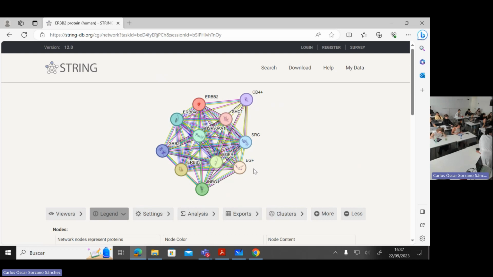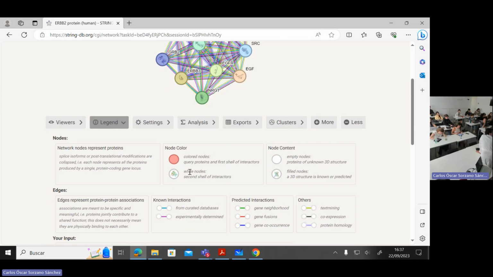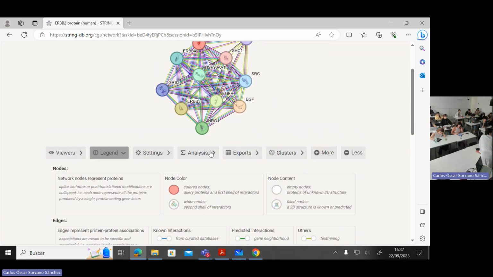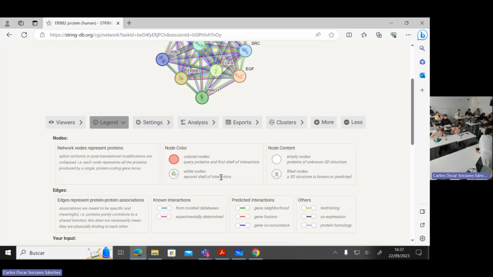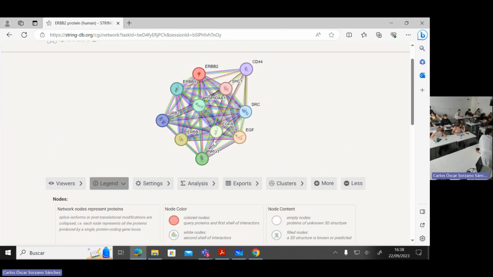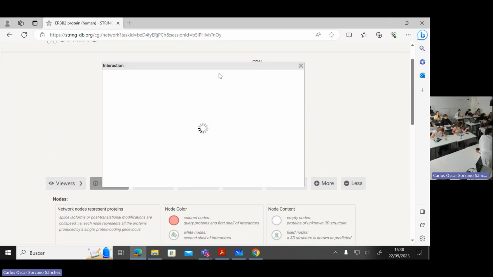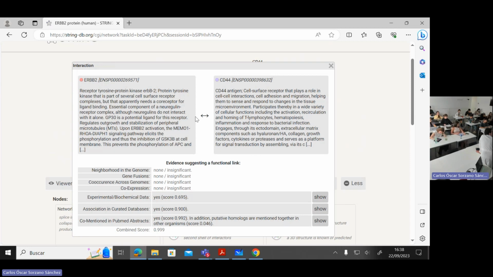And then here there are the query proteins and the first shell of interactions. This is your query, and it directly relates to all these. And then whether they have a 3D structure or not. All these proteins have a 3D structure that is known. And then you can analyze what the relationship is.